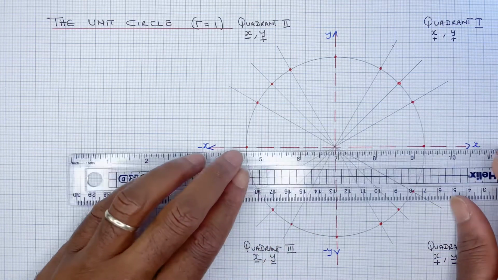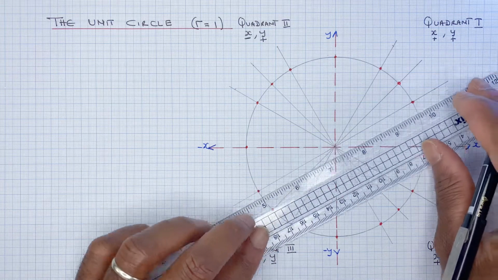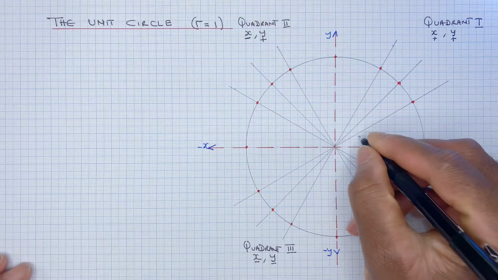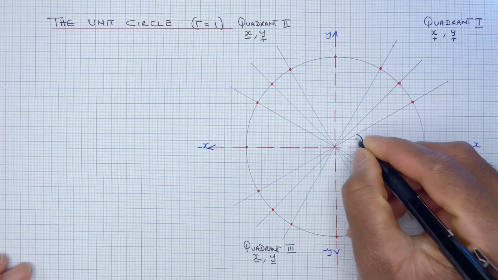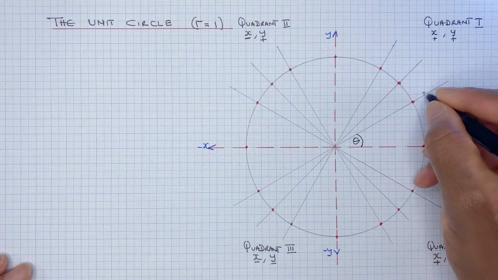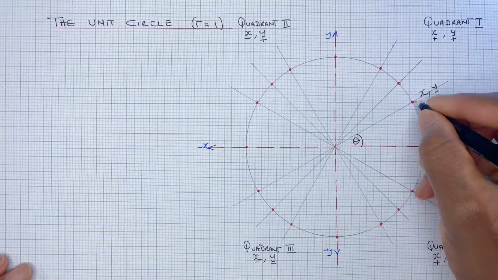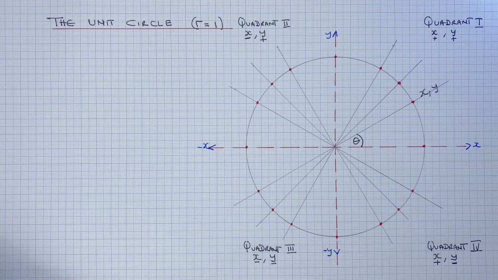So this is 0 gradient, no gradient, a positive gradient. That generated an angle which is called theta, and that would then create an x coordinate and y coordinate there. So let's label this angle.